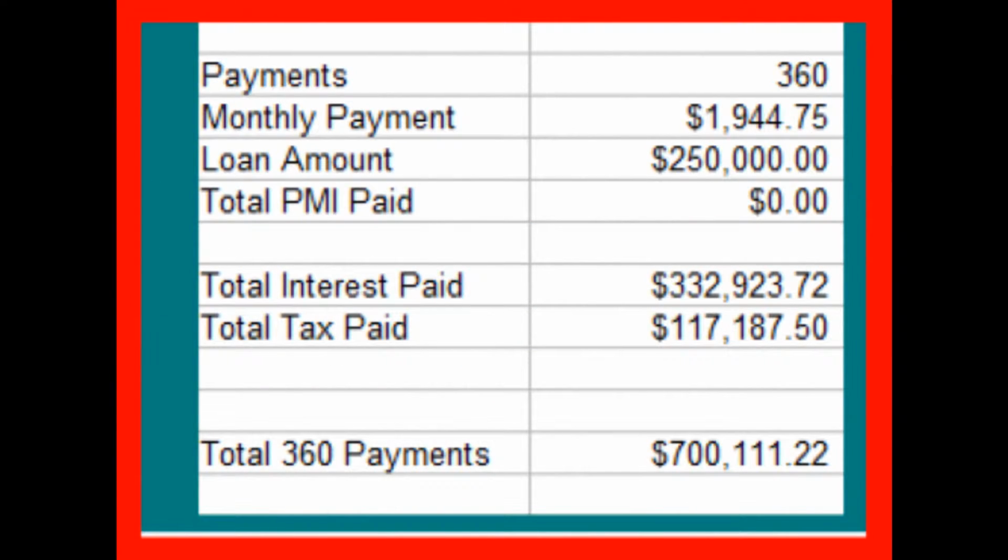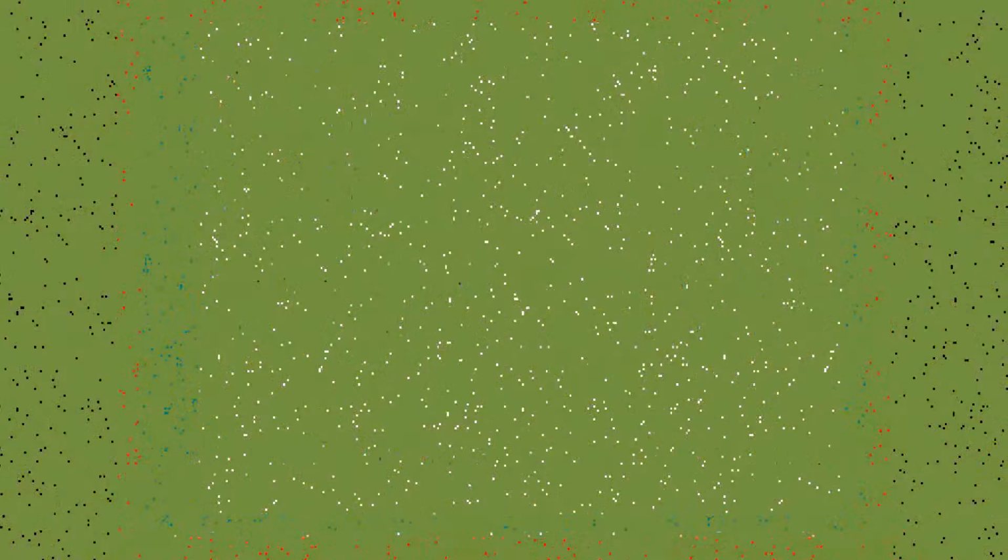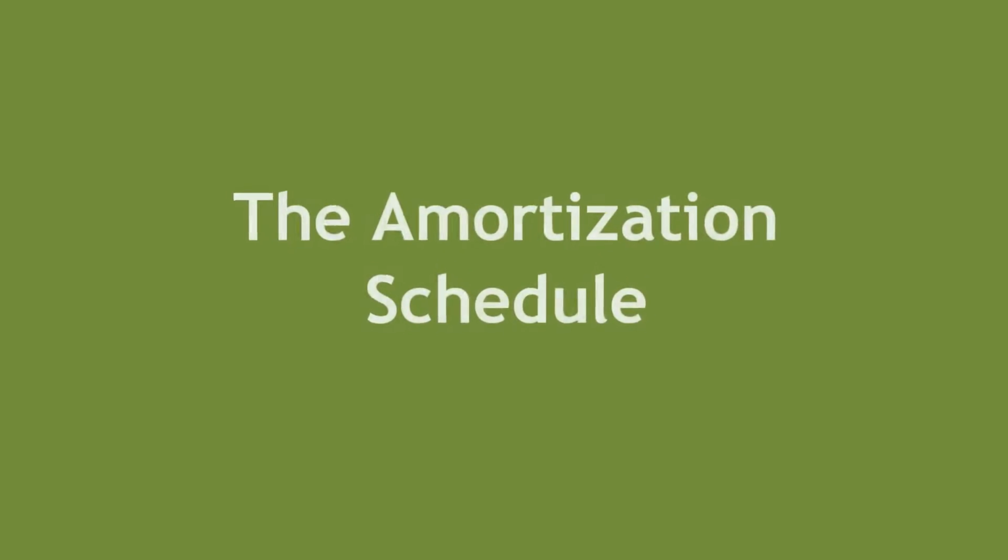Next, we can see the figures linked to this $250,000 loan. We will pay taxes of over $117,000 and interest close to $333,000, so we come to a great total of over $700,000.